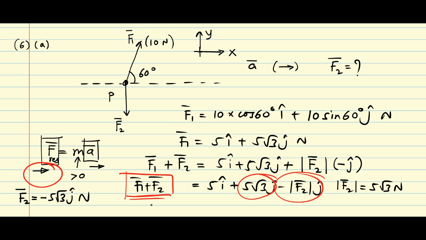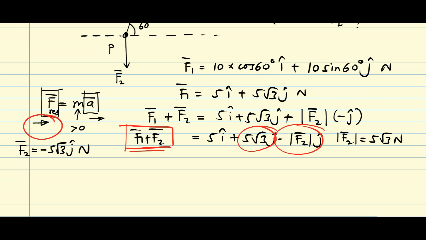Now in the second part of the same sub question, it has been mentioned that the magnitude of the acceleration of that particle is 2.5 meters per second square, and we want to find what is the mass of the particle. Now in other words, the acceleration is given to be 2.5 i cap meters per second square.